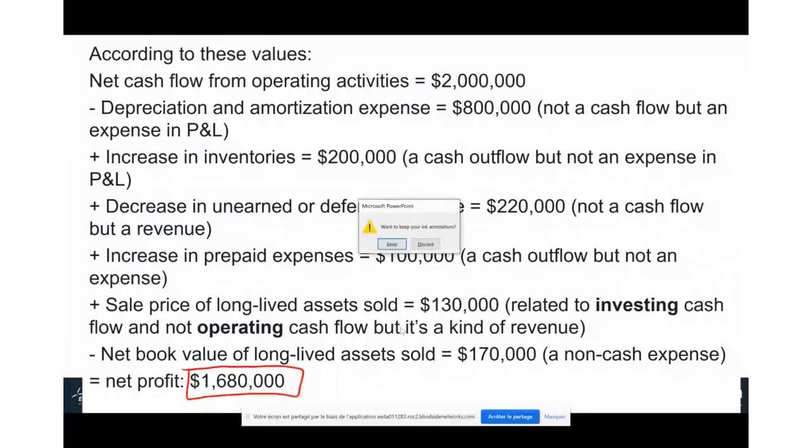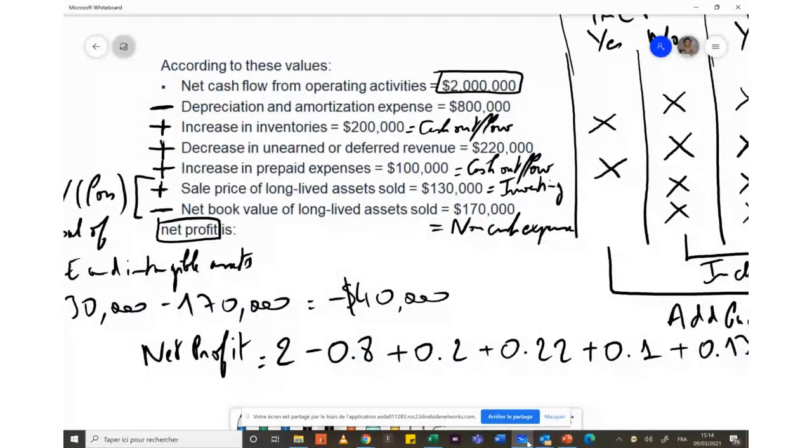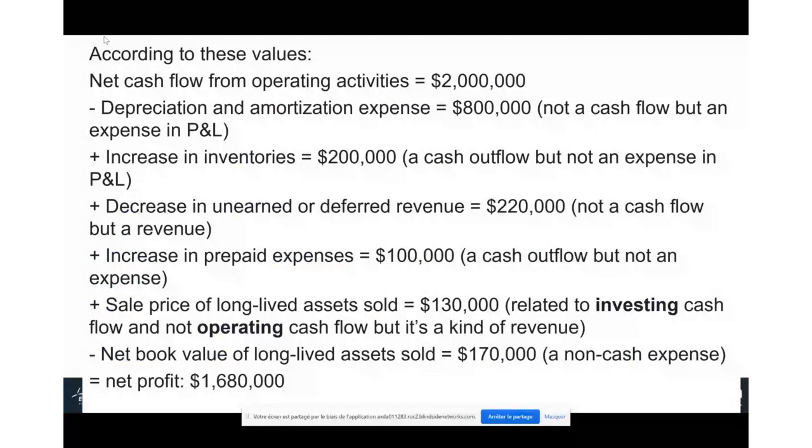So if we come back to the whiteboard, it's 1.68 million. So minus the D&A expense, plus the increase in inventory, plus the decrease in unearned or deferred revenue, plus increase in prepaid expenses, plus the sale price, minus the net book value.